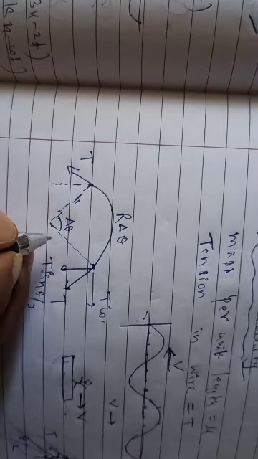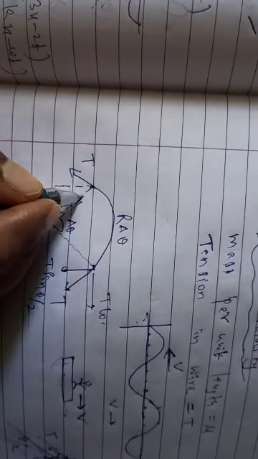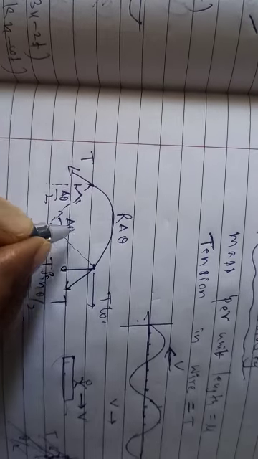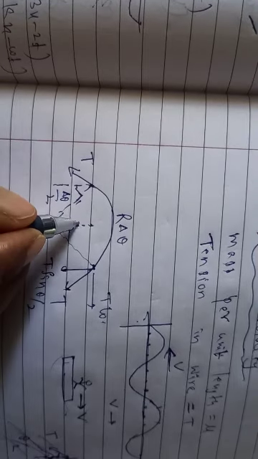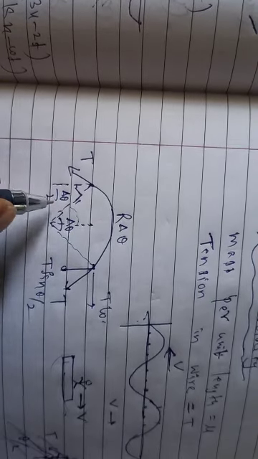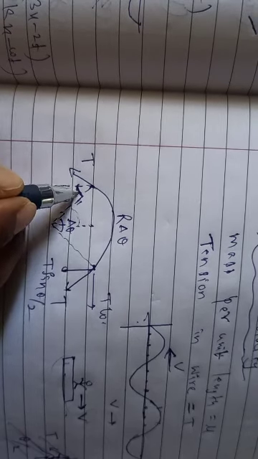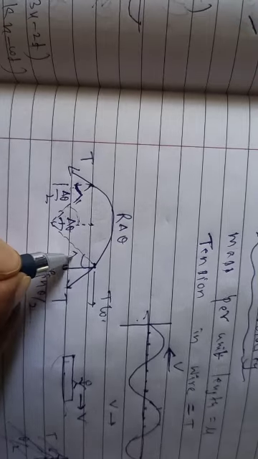This angle will be del theta by 2. Why? Because if you draw a line here, half of the angle is del theta by 2, and these two lines are parallel, so alternate angles are equal.